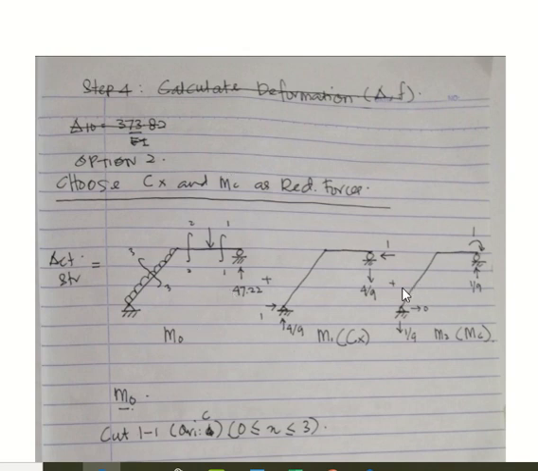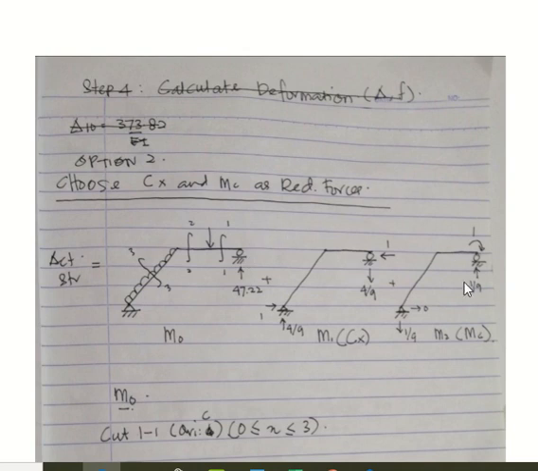If you refer to the primary structure, at A it remains a pin support, but at C, which originally had a fixed support, after you remove CX and MC, there is a roller support.